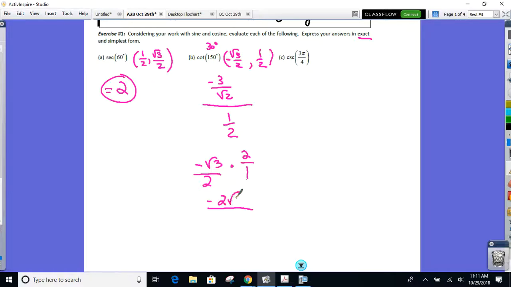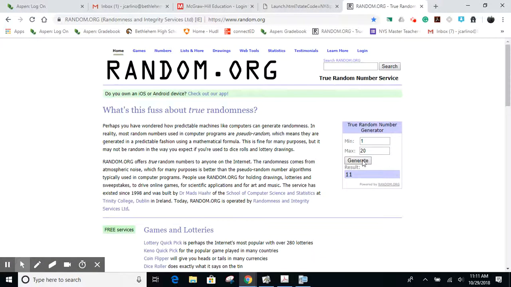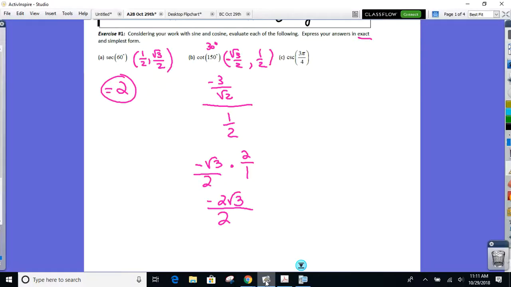And what do I get on the bottom? 2. Keep going or leave it like that, everybody? Keep going, yep. I can reduce the 2's and end up with negative radical 3. There it is.